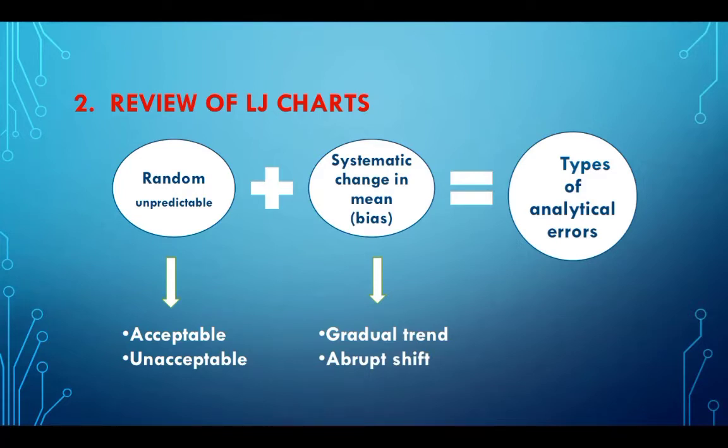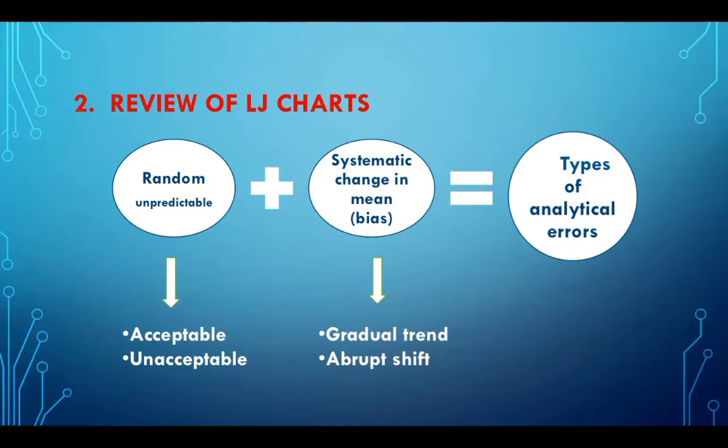Systematic error means values are significantly away from the true value. This is called trueness or bias. And these days we are using this term trueness more often. And when there is systematic change, one thing is gradual trend.